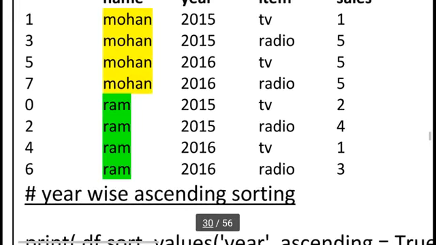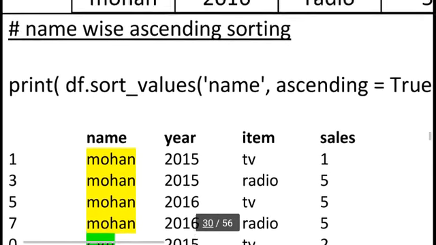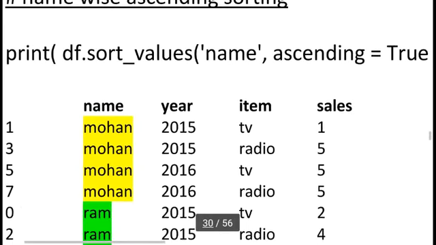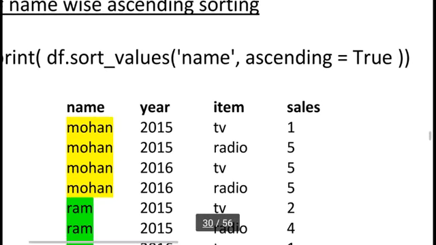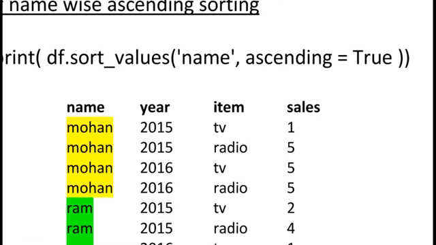So here we can say name-wise ascending data. All the rows are shuffled in this manner. This is a simple topic.